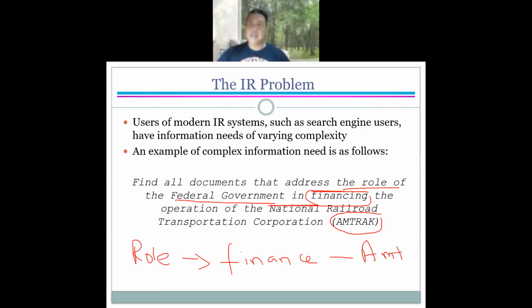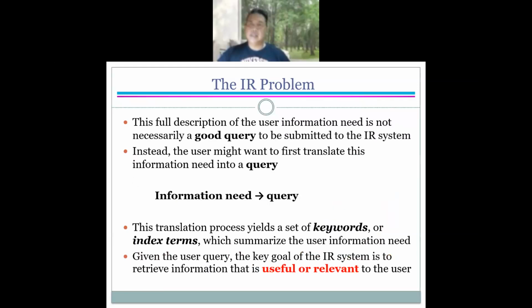Basically, for this task, you have to type the query. You need to type the query that would retrieve all the documents that you are looking for here. Okay? So based on the information that you require, you need to transform it into a query.